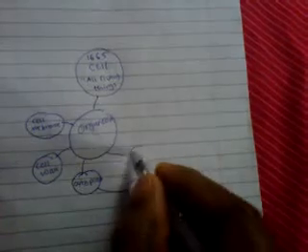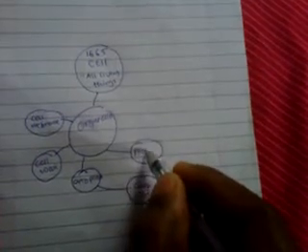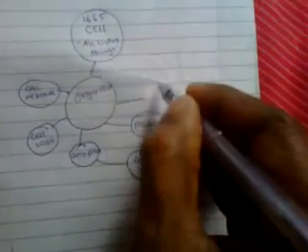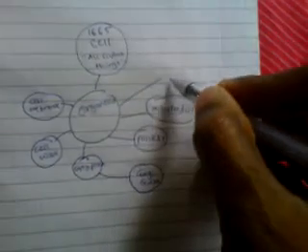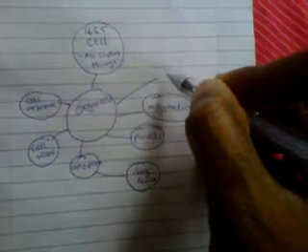Then we have plastids, then mitochondria, and ribosomes.